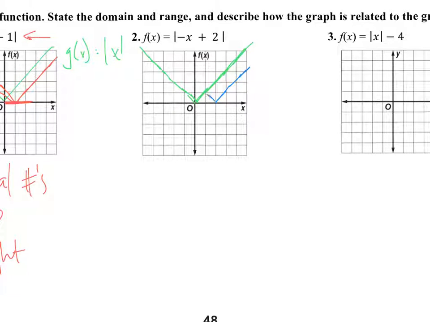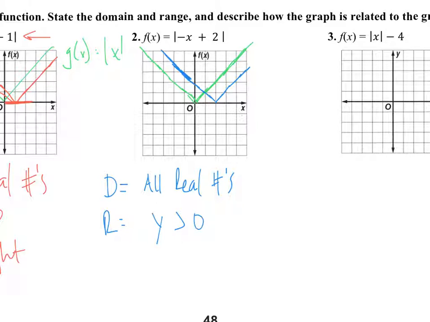So it goes that way and that way. So domain, still all real numbers. Our range, again, high to low, those are all y values greater than 0. And how was this translated? Again, pretty obvious to see, just 2 units to the right. We're moving in the same direction there.